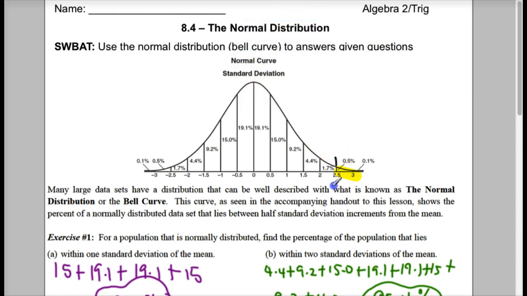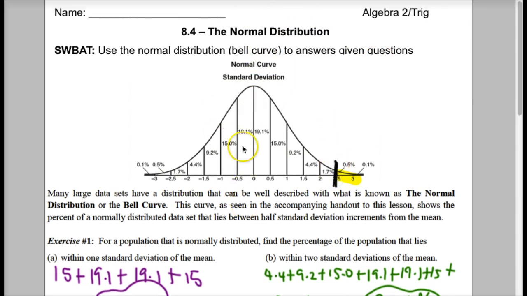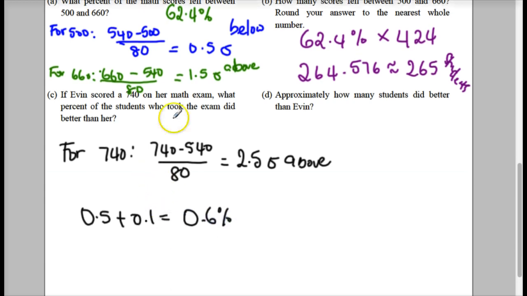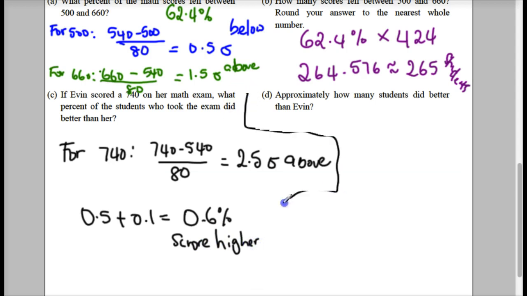She is right here. This is her cutoff point, 2.5. So the people that did better than her are 0.5 and 0.1, which is 0.6% of people scoring higher than her, or him. It's a guy. Now it asks approximately how many students did better than Evan.